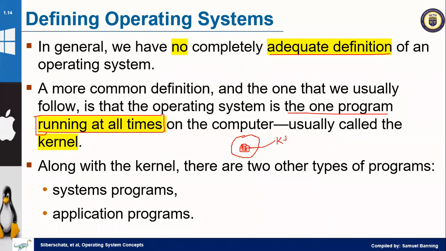If the operating system was a car, the core of the car is perhaps the engine. So we will say that the kernel is the core of the operating system. Now, in addition to the kernel, there are other applications that make the operating system work efficiently or conveniently.